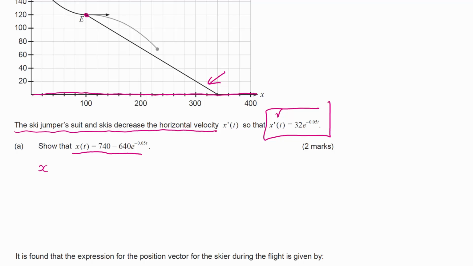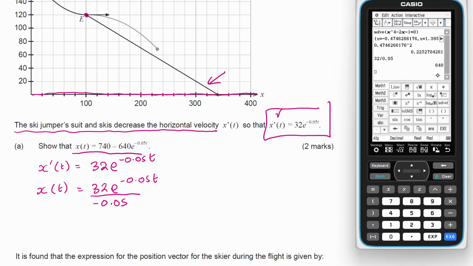So we're starting with x dashed is 32e to the negative 0.05t, and then we're going to integrate. So we know that that's going to be 32e to the negative 0.05t divided by negative 0.05. I think I've already got 32 divided by 0.05 on the calculator. I have it 640. So that's negative 640. Of course, there's a constant here as well: e to the negative 0.05t plus some constant.